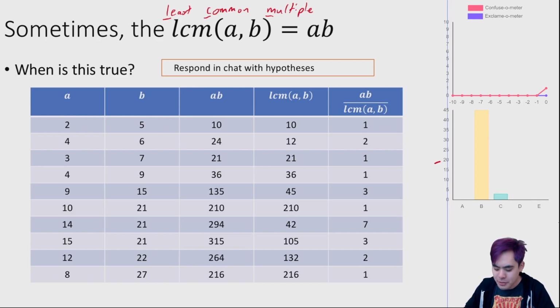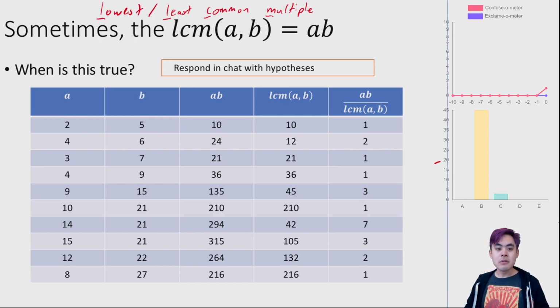I think it's often referred to as lowest common multiple, so same thing. Oh, no, it's not 1 centimeter. I apologize for that confusion. I probably should not have put it in italics.